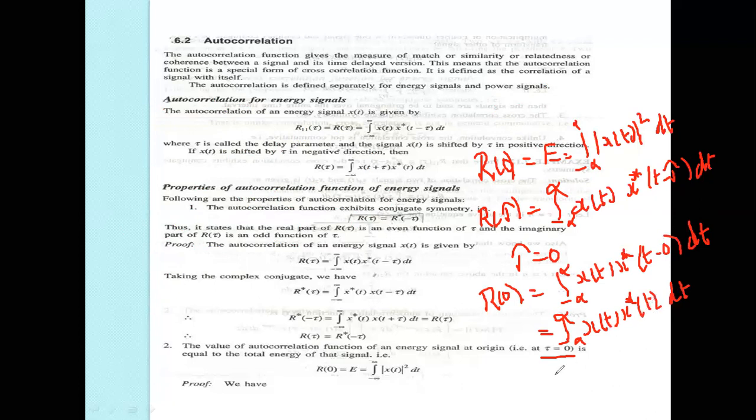What is x of t times x conjugate? It is nothing but the squared magnitude of x of t, dt. So R of 0 is nothing but the energy E. Therefore, R of 0 is equal to the energy E, the integral from minus infinity to infinity of the squared magnitude of x of t.